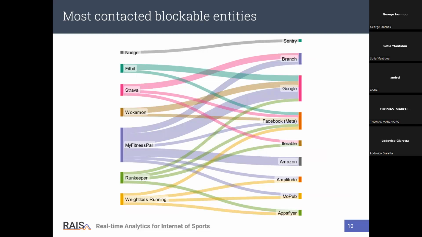We also studied what the most contacted entities are, and as I said, unsurprisingly, mostly it will be Facebook, Amazon, Google, but some others also, which are used not only by fitness applications, but other mobile applications. Lots of sensitive data, including fitness data, have been leaked to those third parties.